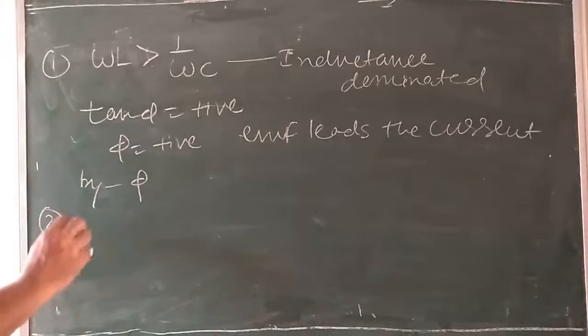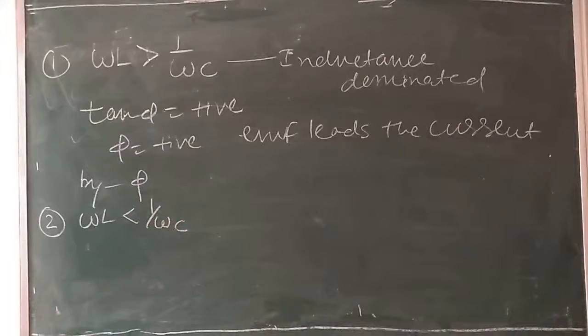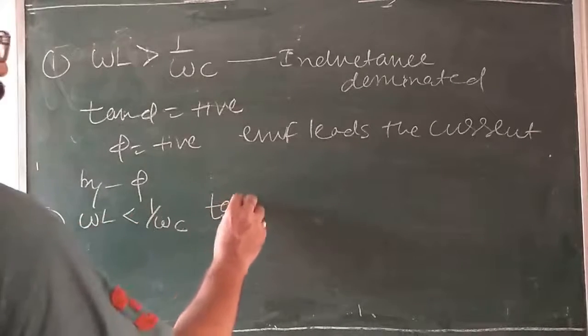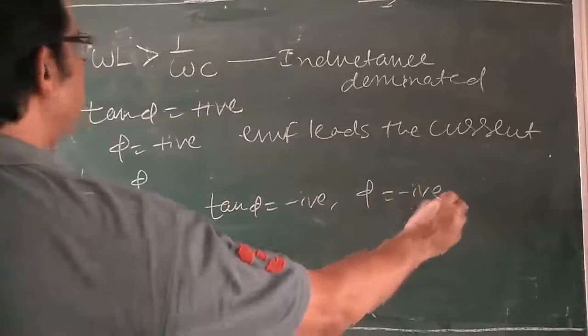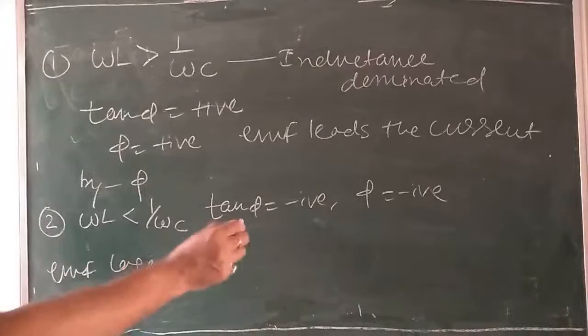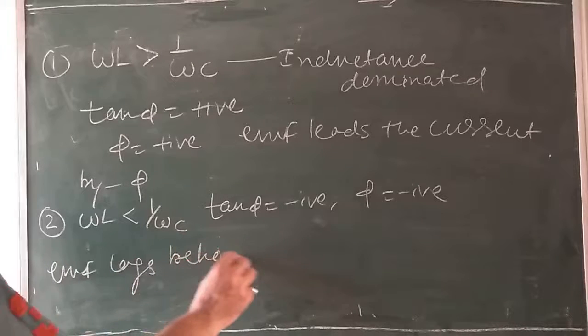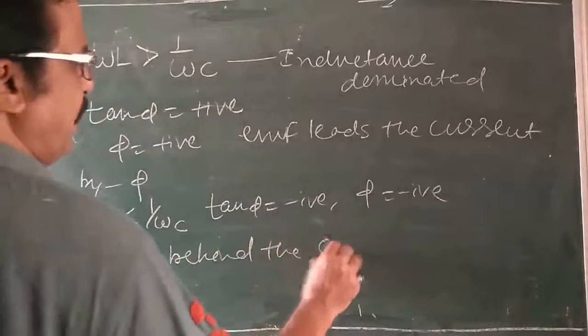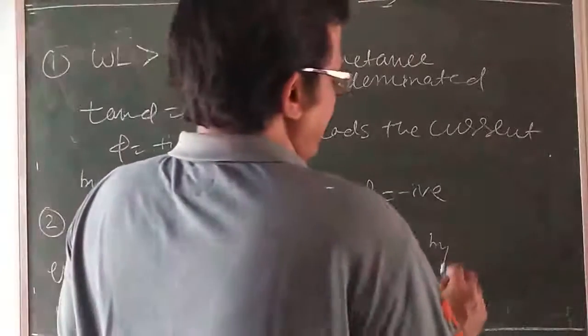Similarly, in the second case, when omega L is less than 1 by omega C, then you can write tangent of phi is negative. Then phi is negative. It means that EMF lags behind the current by the phase angle phi.